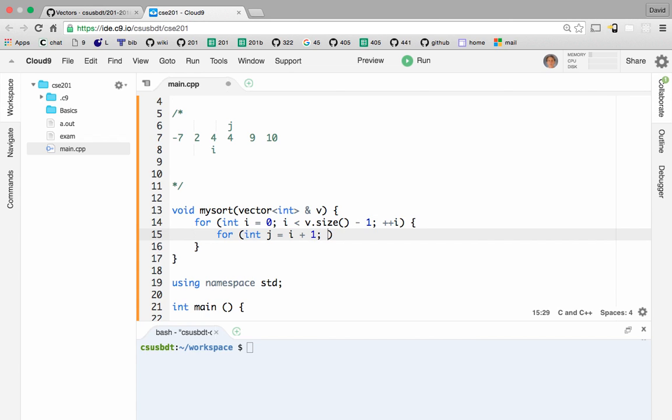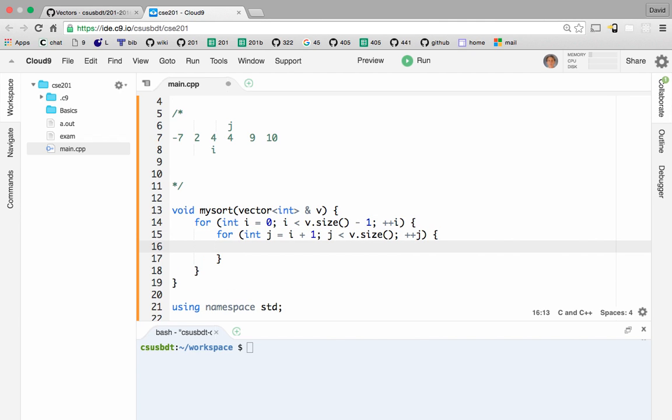And then we run j until it goes past the end of the array, so it's v dot size. When j hits v dot size, it's past the end, and this loop condition becomes false, because that's what we want. And then we're incrementing j. So we've got i and j running just the way we want.